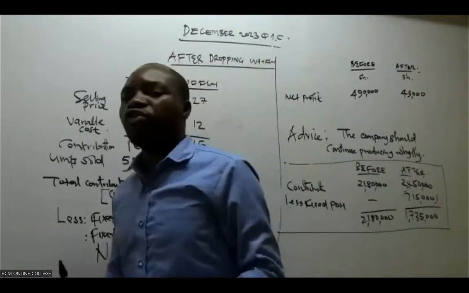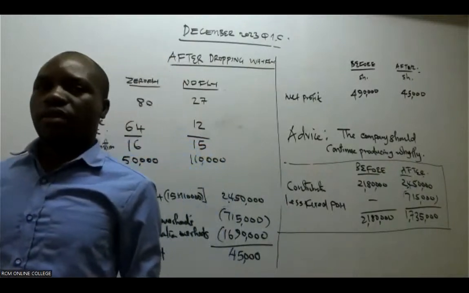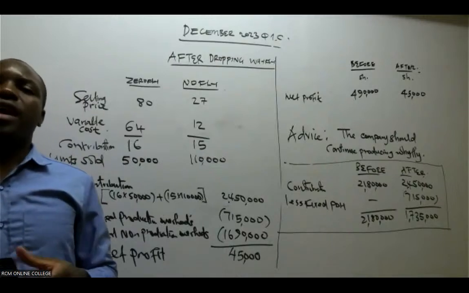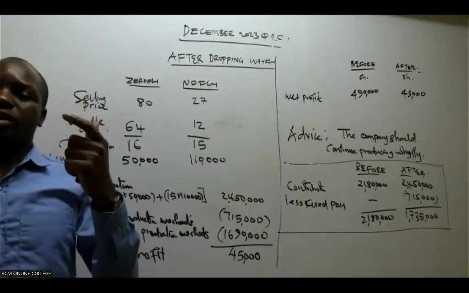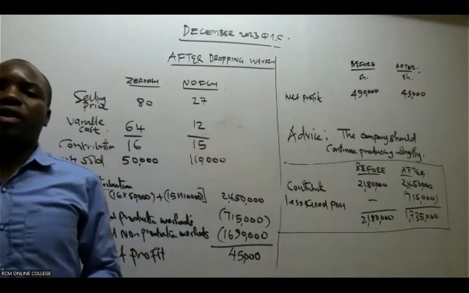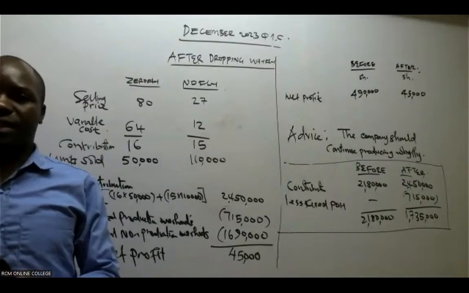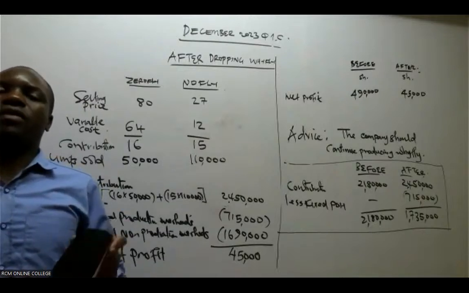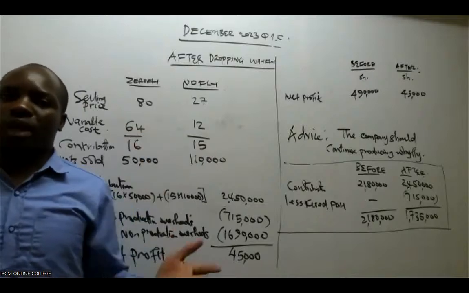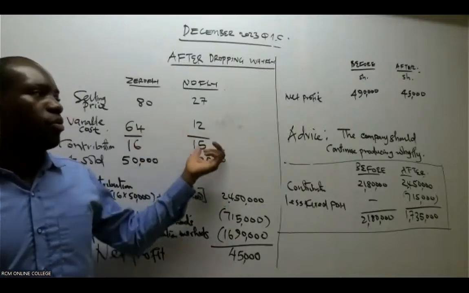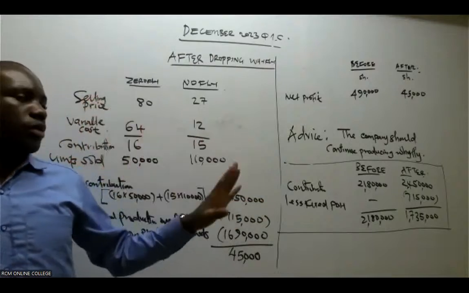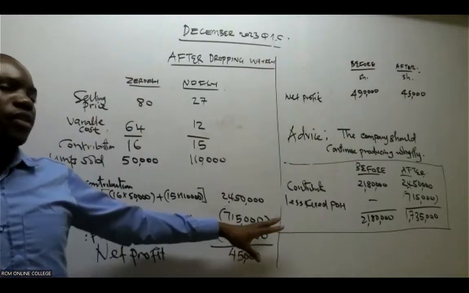So whichever decision you are going to make, the fixed cost will not increase, it will not decrease. So what do we call that? They are not going to be useful costs when coming up with this particular decision. We call them irrelevant costs in terms of decision making, because whether you drop this or not, they are not going to affect your decision.